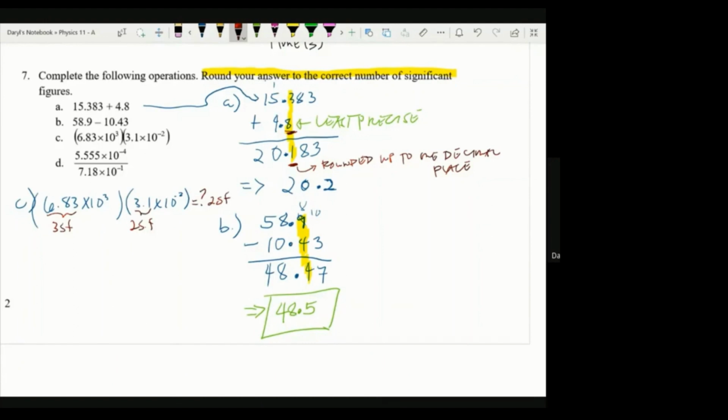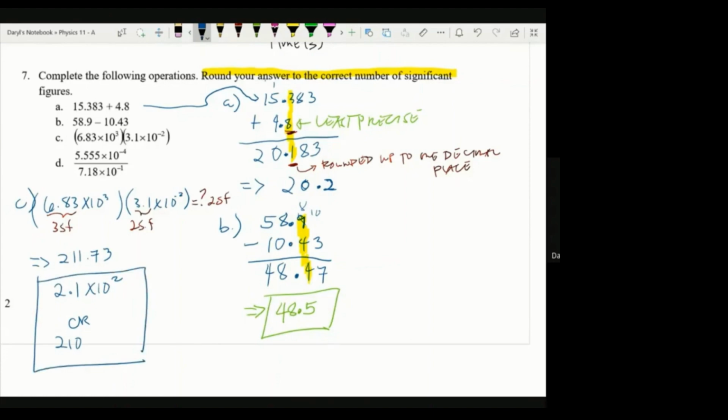Just do that one in your calculator, and your calculator might give you the whole answer, but you're gonna cut it off at 2 sig figs. So that would be 2.1 times 10 to the power of 2, or this is just equivalent to 210. The final answer should have 2 sig figs.